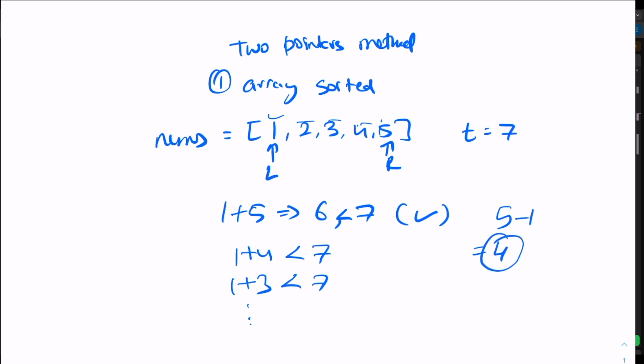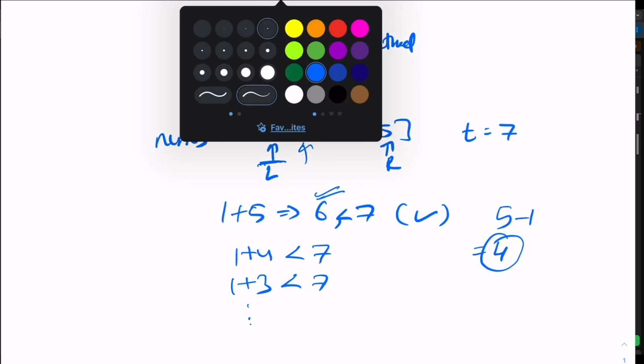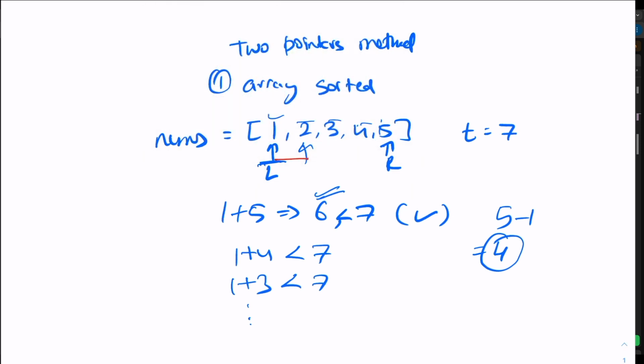And then we need to do the same calculation again. If the condition is satisfied, then we will move the left pointer to here. Maybe I'll change the color. So we'll move this pointer to here and we'll keep the right one where it is. We don't need to move the right one. So if we do 5 plus 2, which is 7, the condition does not satisfy.